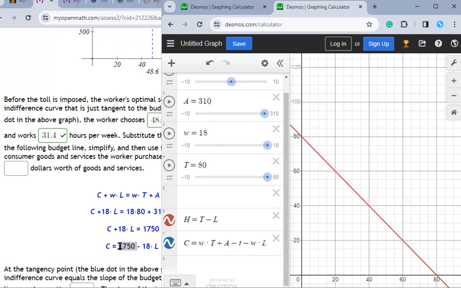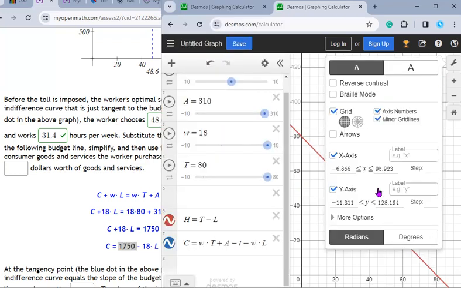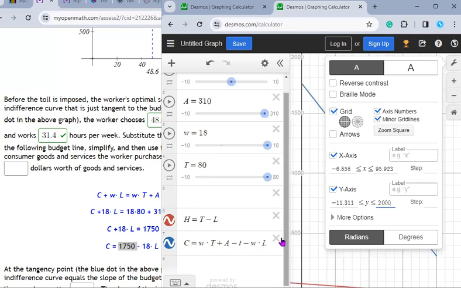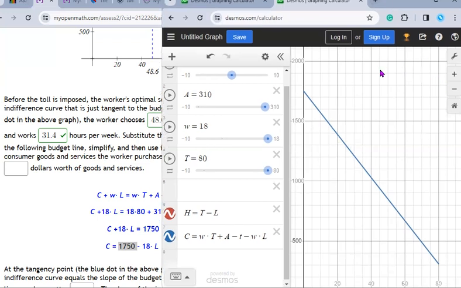Now, my y-intercept's got to be, I'm going to stretch this so the y values go from 0 to 2000. So let me click on this. I'm going to change this to 2000 here. And then I can just pull this down here like that, right? Okay.